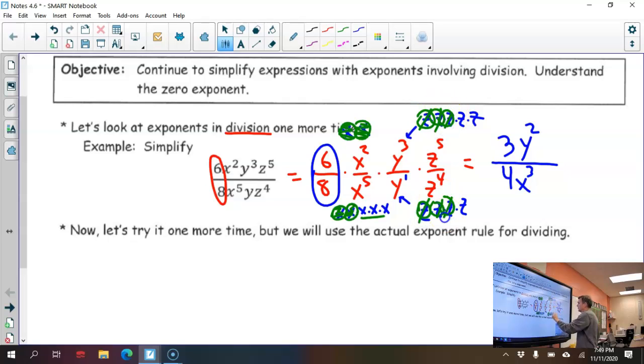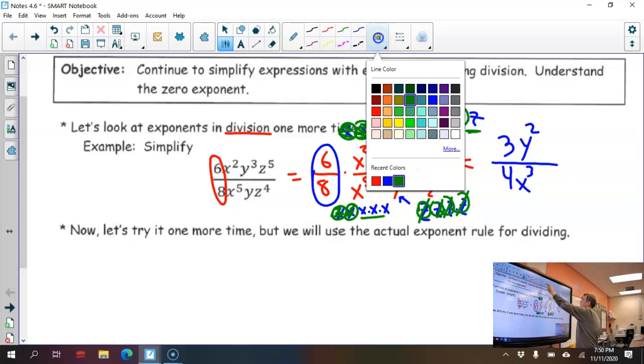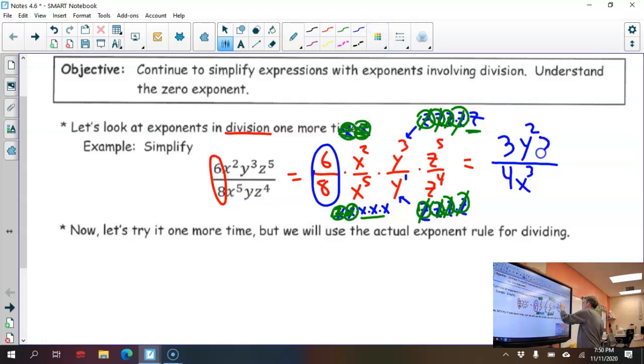A third one goes away. A fourth one goes away. And now I'm out of them on the bottom. But of course, I still have 1 z left over on top. So 1 z in the answer. And I'm now done reducing this fraction, right? This is my final result.